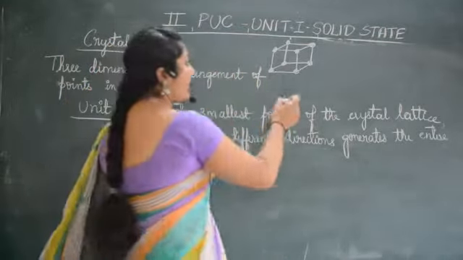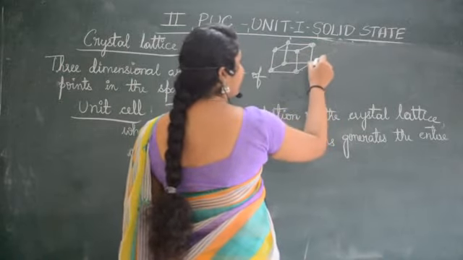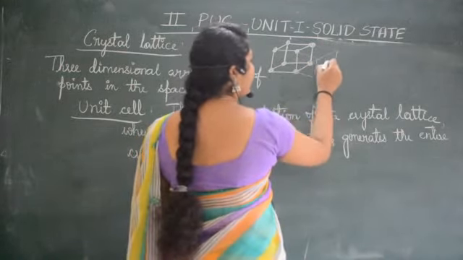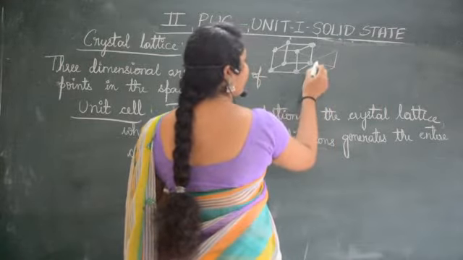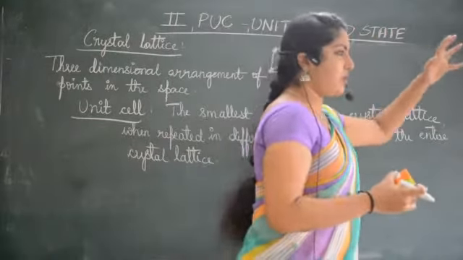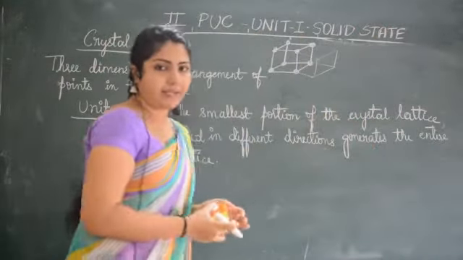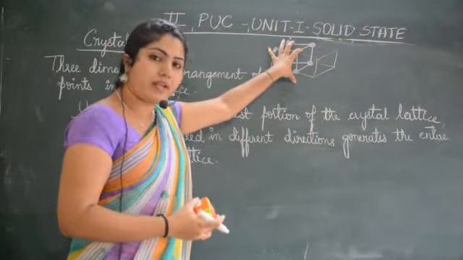If I go on extending this further, you get one more, and all like this you go on arranging, you get a whole crystal lattice. So a part of that is called a unit cell. Are you getting the point?